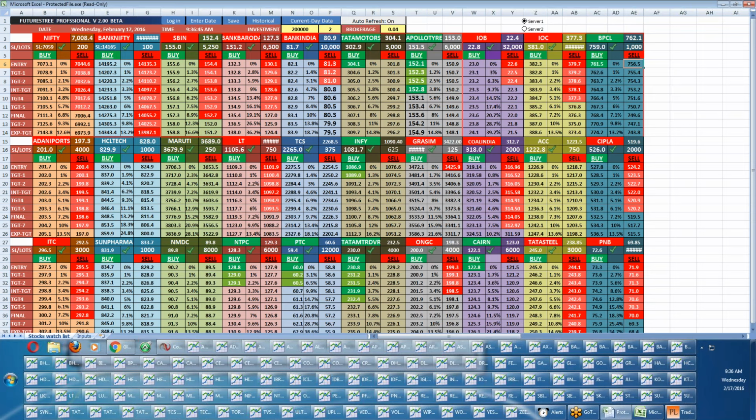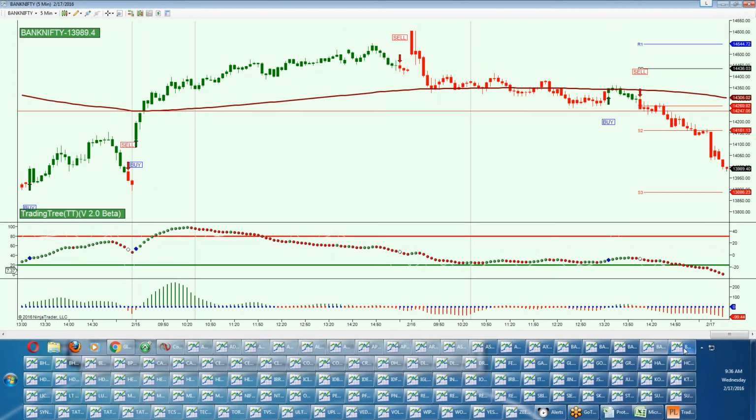So Bank Nifty, let's check what should be its next target. So it can go up to 13,900.